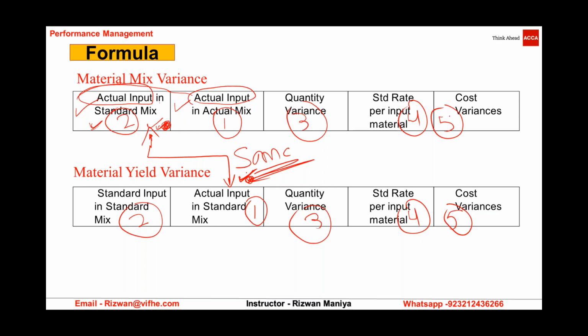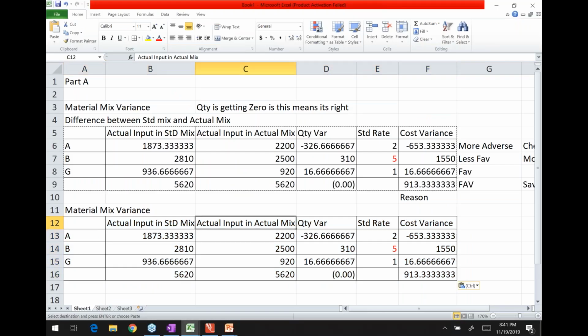So one thing is very simple. Let's rearrange the formula and make the necessary change: standard input in standard mix, actual input in standard mix. Let me highlight this. These are the same.